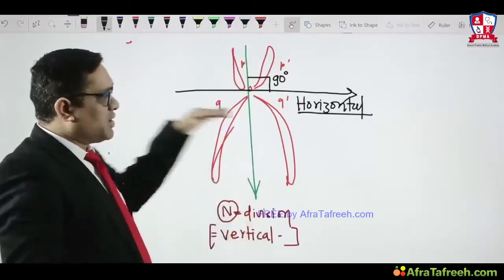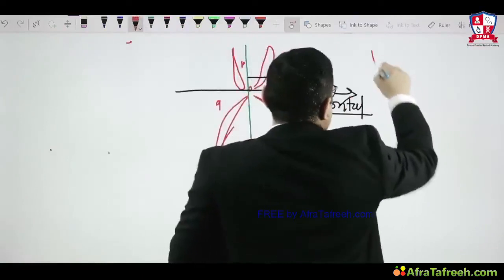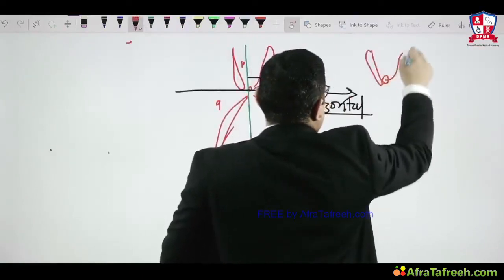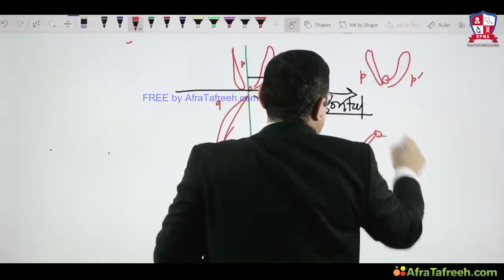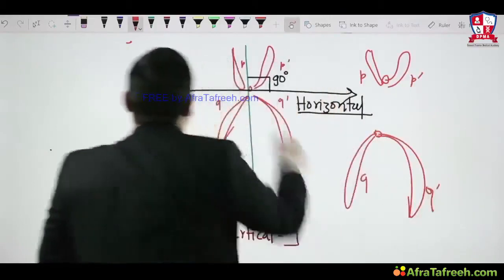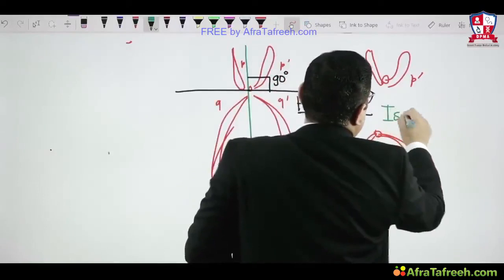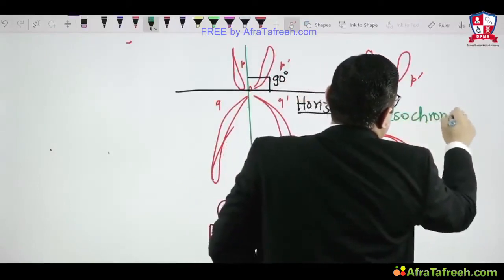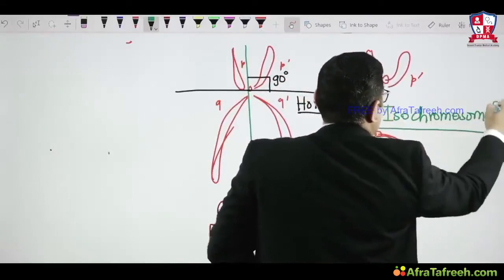Because of the horizontal division, this chromosome will form with both the smaller arms together and both the longer arms together, right? When we see such chromosomes, these are called isochromosomes. And this was the answer in the AIIMS exam.